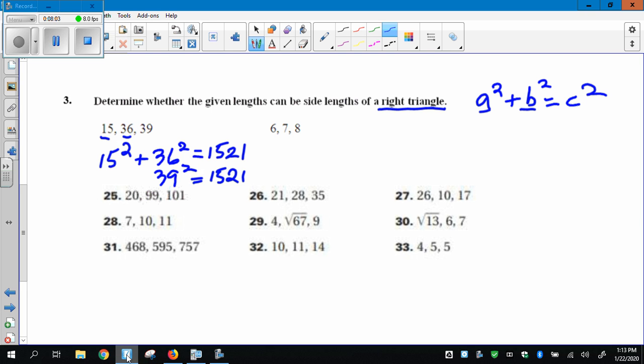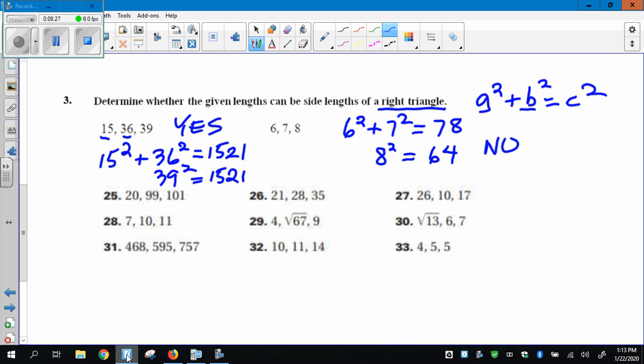In the second one, we're going to do 6 squared plus 7 squared, and that's 36 plus 49, which is 85, and then I'm going to do 8 squared, and that's 64, and since those aren't equal, we're going to say, no, that's not a right triangle. So yes on this one, no on that one.